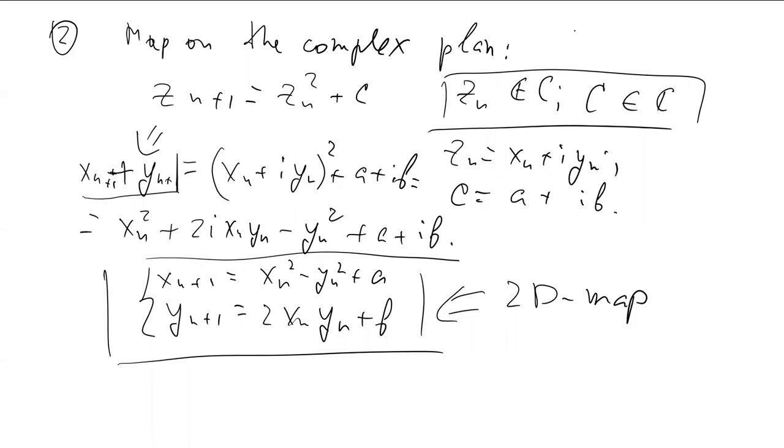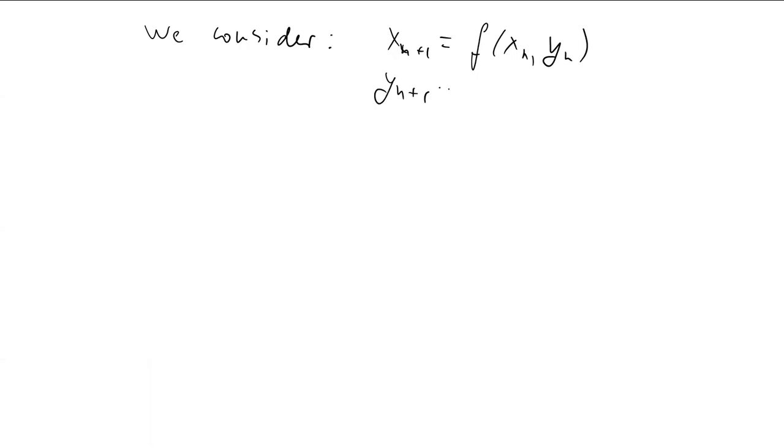So now I want to extend our methods which we used for the study of one-dimensional maps to two-dimensional maps. So we consider a two-dimensional map xn plus 1 equals f of xn, yn, and yn plus 1 equals g of xn, yn.